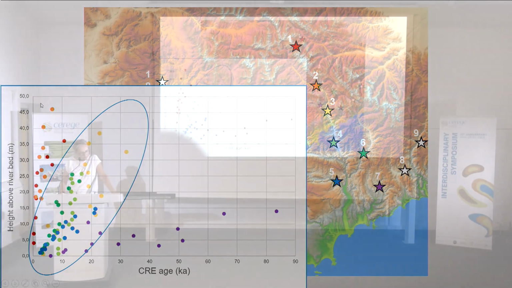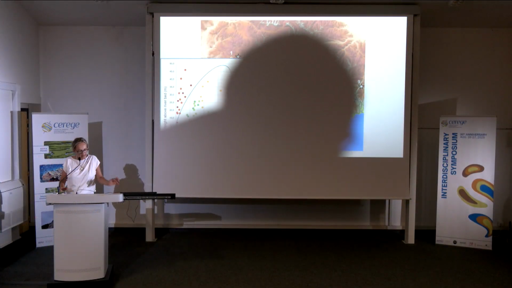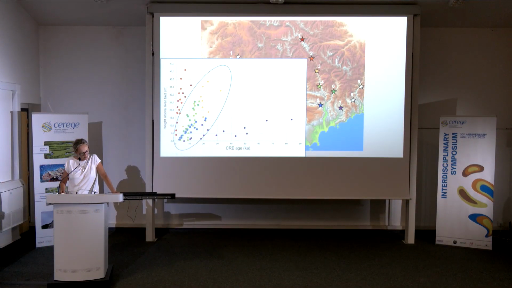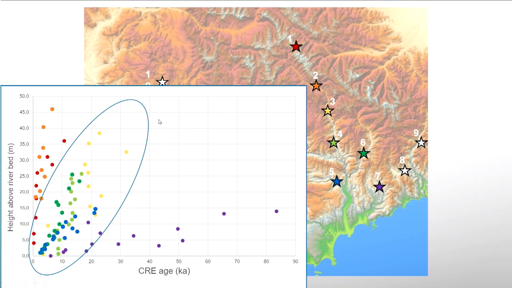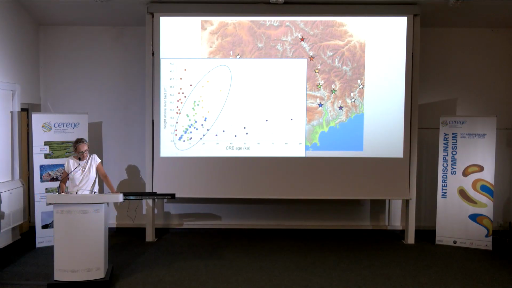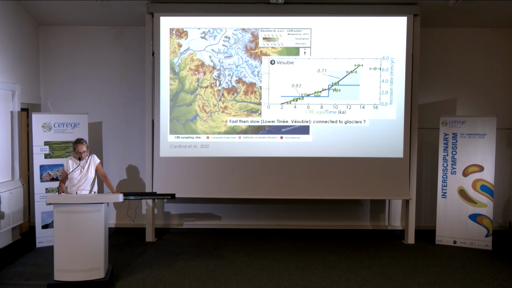So to understand what it means, just looking again at the data, we can examine a little bit further the central group here, and try to see what are these different behaviors that we can observe before 10,000 years. So this is the work also by Thibaut Cardinal. He has examined in more detail every different sampling point.